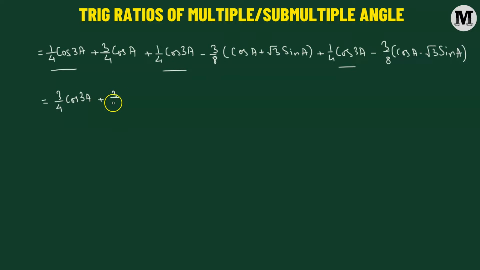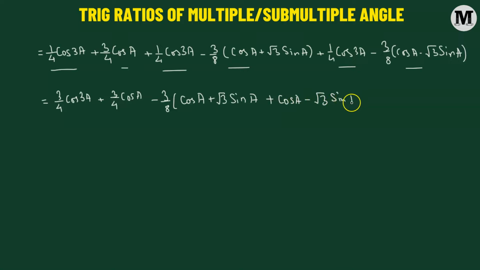Then we have 3/4 of cosine of angle a, and we're going to take -3/8 as the common factor, so that gets multiplied to cosine of angle a plus square root of 3 times sine of angle a. And since we have taken -3/8 as the common factor, we will get positive cosine of a minus square root of 3 times sine of angle a. Now here, square root of 3 sine a and negative square root of 3 sine a cancel out.